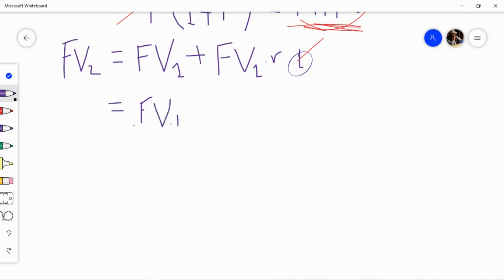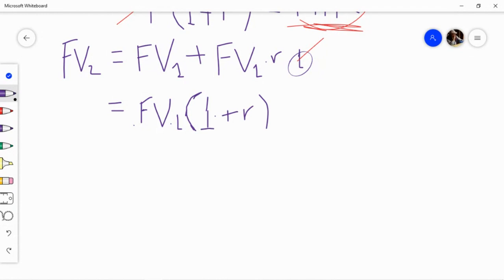So you factor out the common factor, which is FV1, and then it will be FV1 times open parenthesis 1 plus R, right? Now here we have, this is not complete yet.